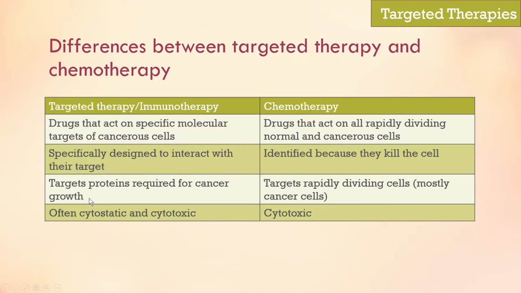Next, targeted therapy targets the protein that would inhibit the cancer growth, while chemotherapy targets the dividing cells. So that's why it affects the normal cells as well. And often they are cytostatic, it means they stop the cells, while most chemotherapy drugs are cytotoxic.